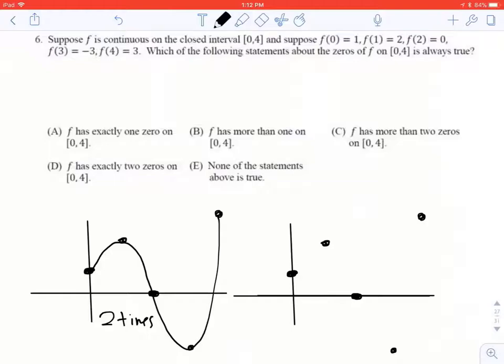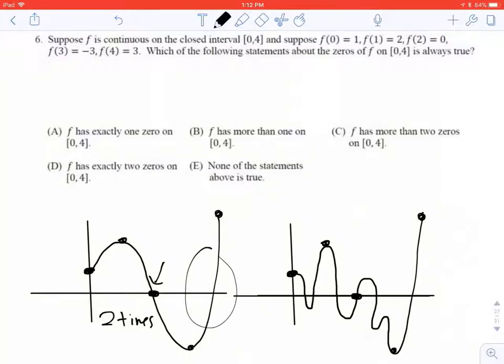It is not. This graph could come down here and back up, and down here and back up, and down here and back up. We don't know what it does, but we do know that it has to cross the x-axis here in some place over here. So it's at least 2 times.